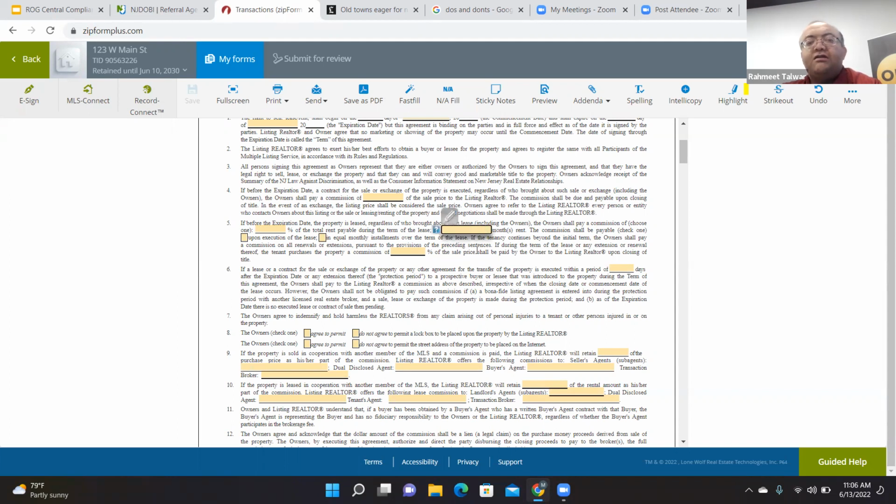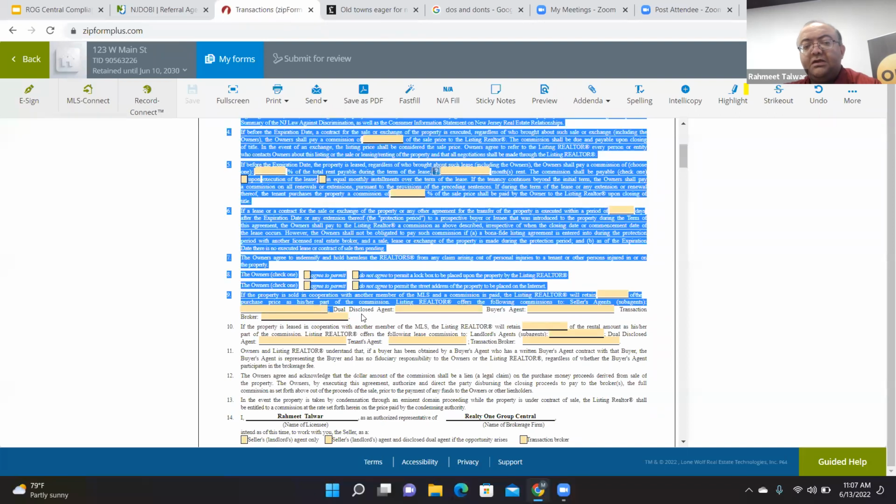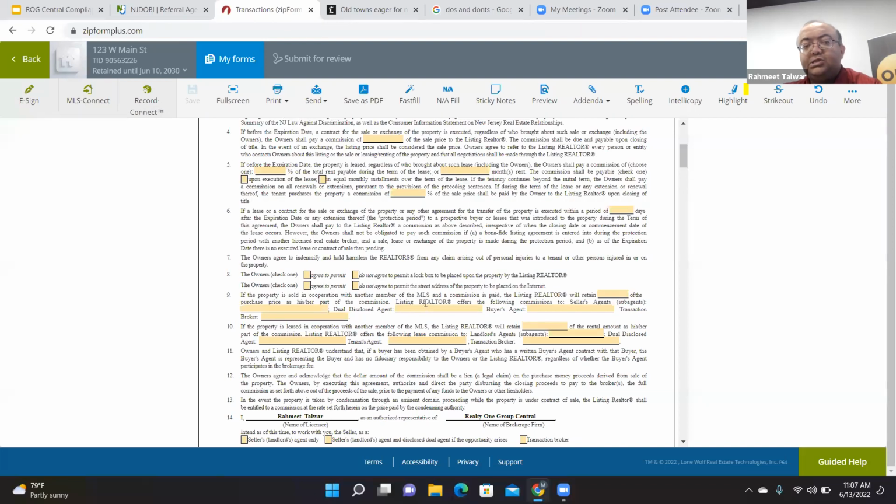If you're charging less, you could put less, but this is the total lease commission. Then when it breaks down in 9 and 10, that's where it gets a little bit confusing for people. The new item on this listing agreement is the dual agency. Dual agency should always match whatever you put in number 4 and number 5.